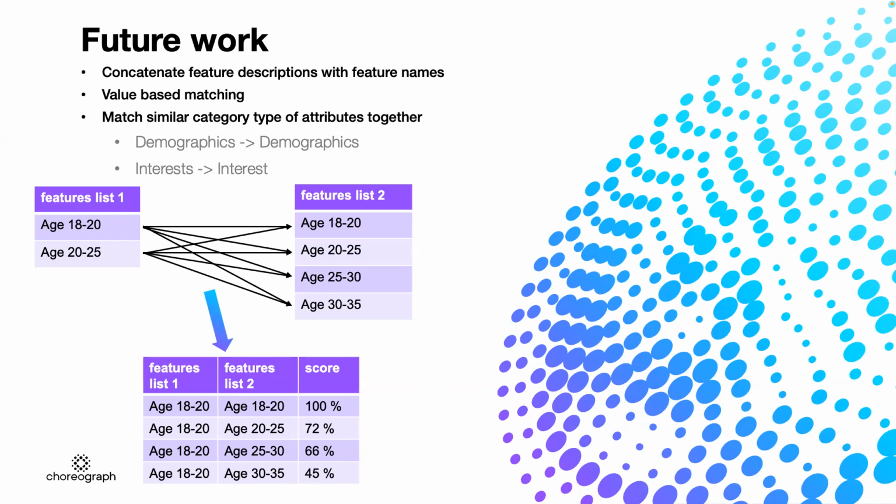We don't really want to match the demographics with the interest in the other dataset. So we should have some kind of filter that will only match the demographics kind of features to the demographics kind of features, and the same goes for interest. So it matches interest features with interest features. This is what we have been trying to implement so far.